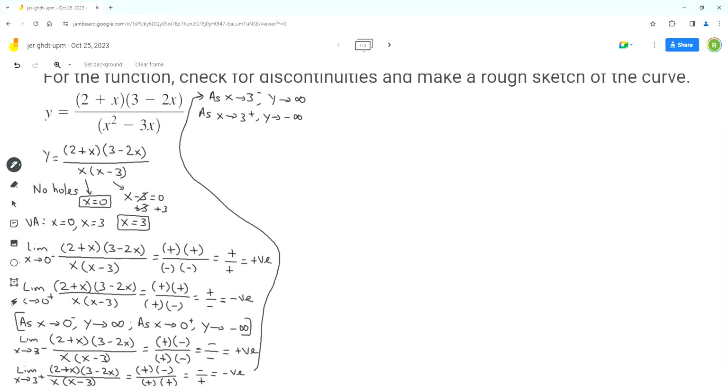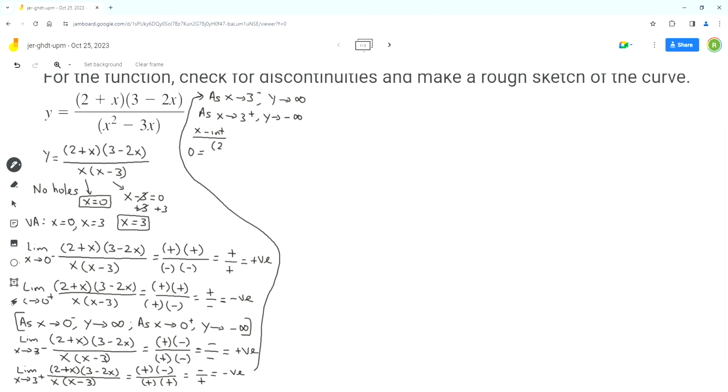So the next step is to find the intercepts for this rational function. We can start with the x-intercept. For the x-intercept, we should sub in y as 0 in this given function and then solve for x. So we can use the factored form.